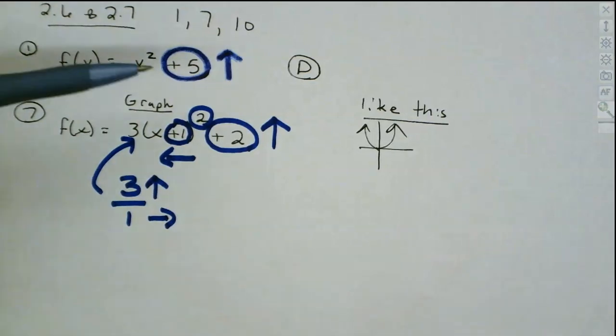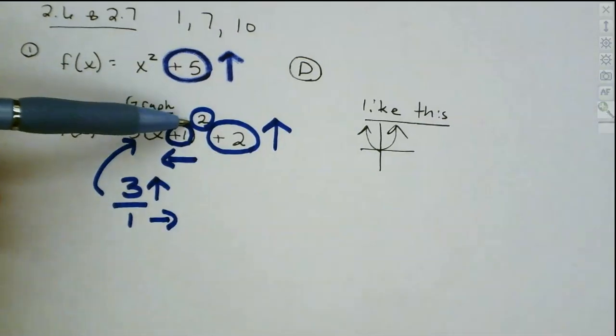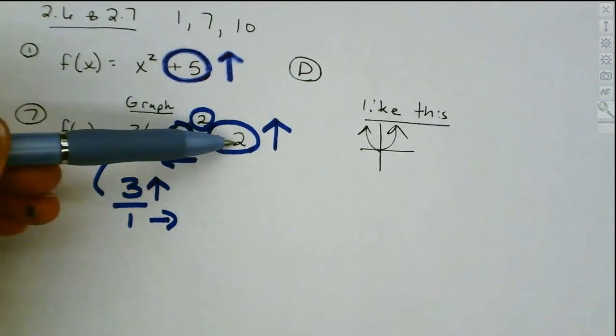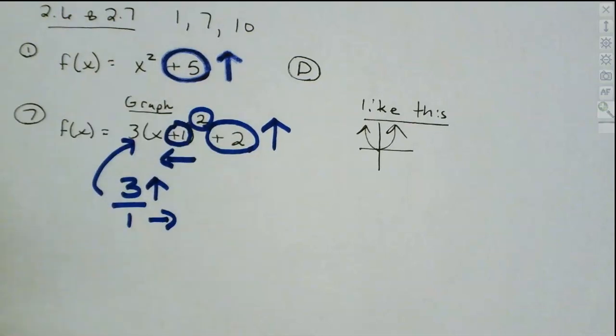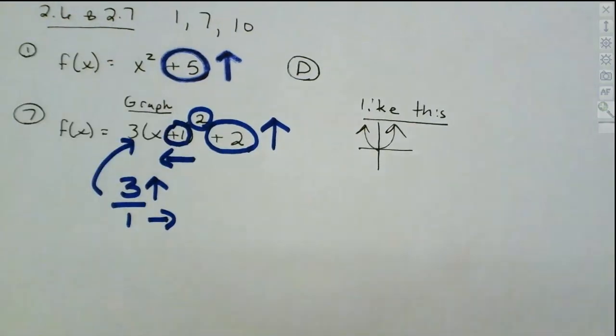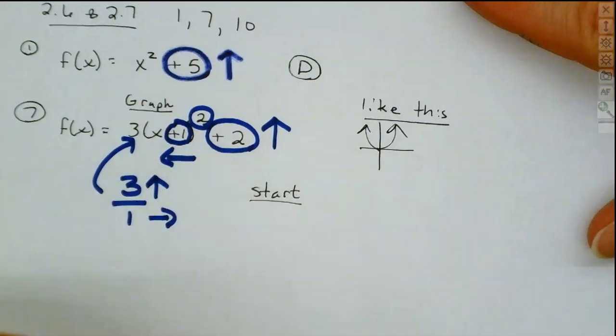So I know it looks like a U. Why does it look like a U? Because it's squared. That's the first thing I did, was I identified the graph. So it's a U. Then I looked at the end. 2 makes it move up 2 units. The 1 is inside the operation, so opposite of what you think, so it moves it back 1. Now, with that in mind, where am I going to start at?